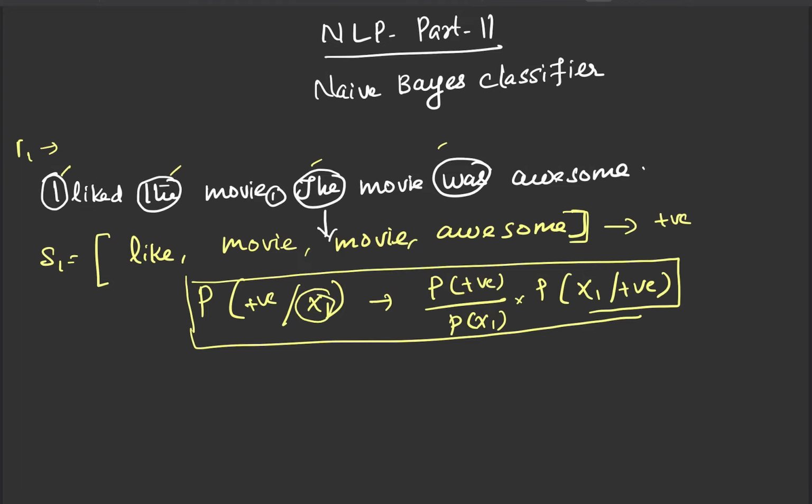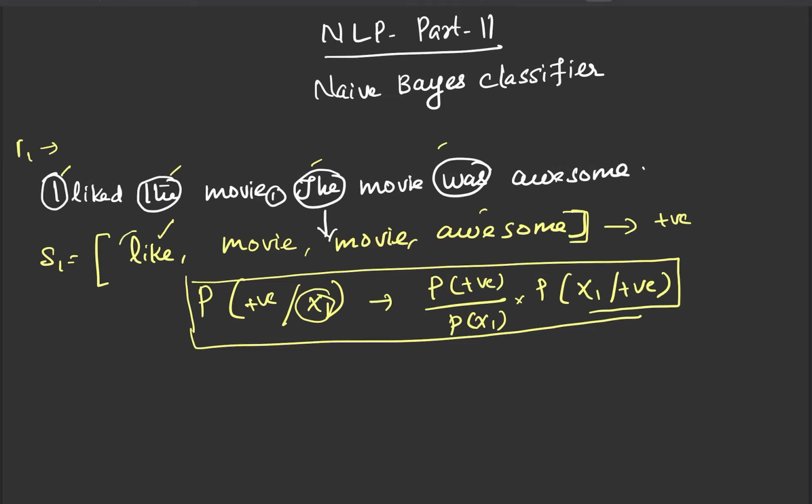How do I expand this formula to cover all the words in the sentence? So, x1 could be either awesome, movie or like. If I want to look at the entire sentence and predict whether the sentence is positive or not, I want to include all the words in the sentence. What is the likelihood of the sentence being positive when I look at the word like?